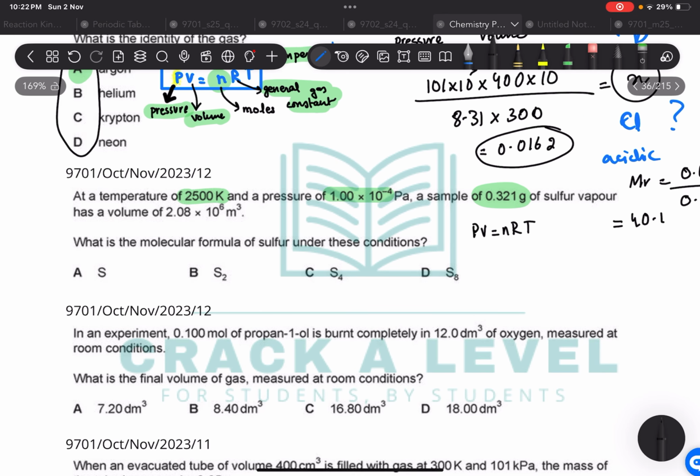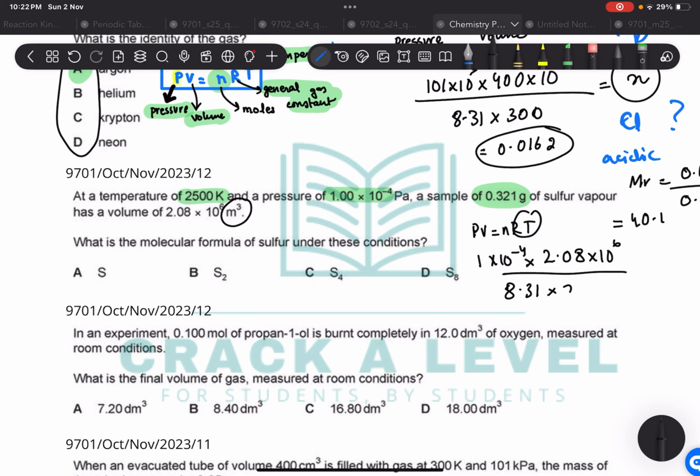We need P in pascals, which is 1 into 10 raised to power negative 4. What is V? Now we have it in meter cube, we don't even need to convert. That's good for us, 2.08 into 10 raised to power 6. Divided by this, R and T are going to move down here. R is 8.31, temperature is going to be 2500 Kelvin, equals your moles.